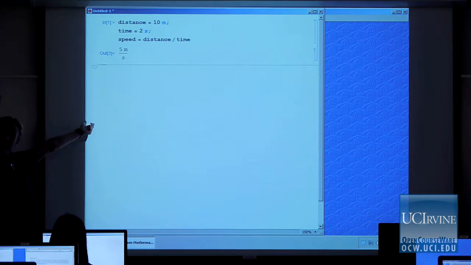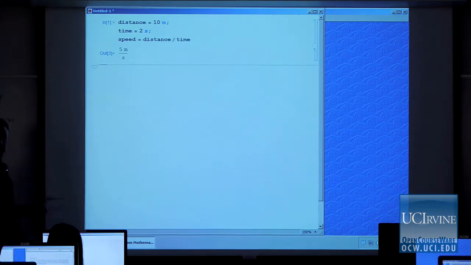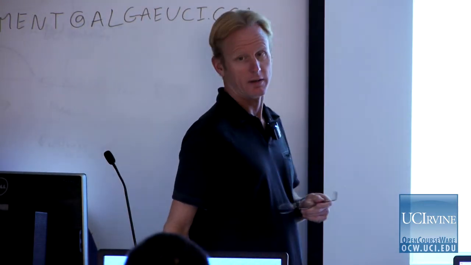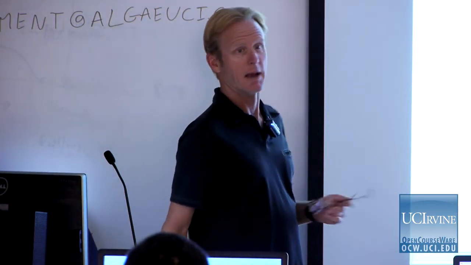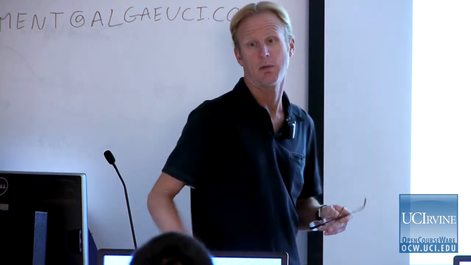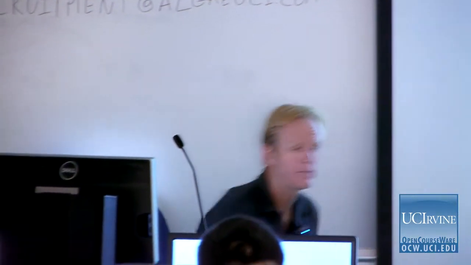So Mathematica just did this division, and the m and the s ended up in the right place, as they should, because all I did was divide 10m by 2s, so I get 5 times m over s. So this is symbolic units. Mathematica doesn't know what m and s mean, except that they're just symbols that get included and carried around in the expression.